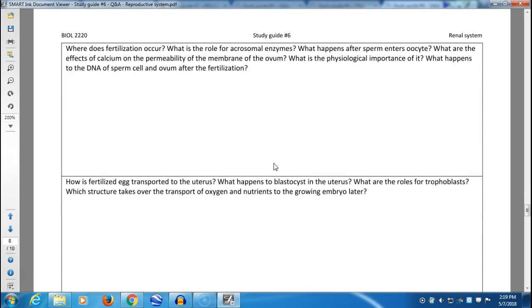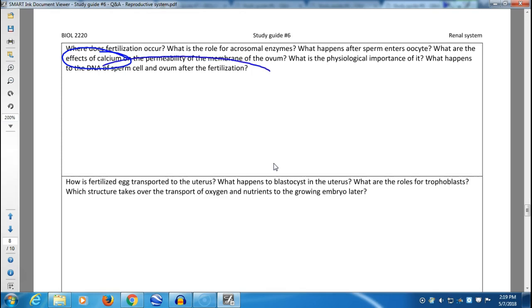Fertilization in the fallopian tubes. Acrosomal enzymes break down zona pellucida and corona radiata. Sperm cell enters. And then remember, there's a huge calcium surge that closes the door behind that sperm cell, so there is no polyspermy.